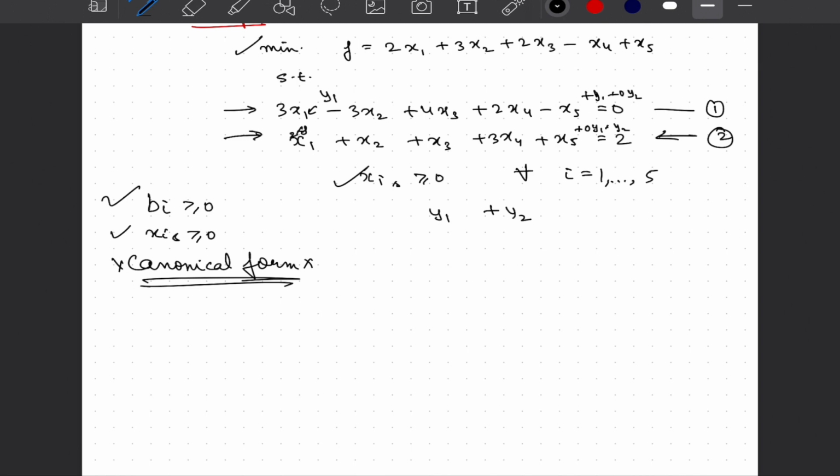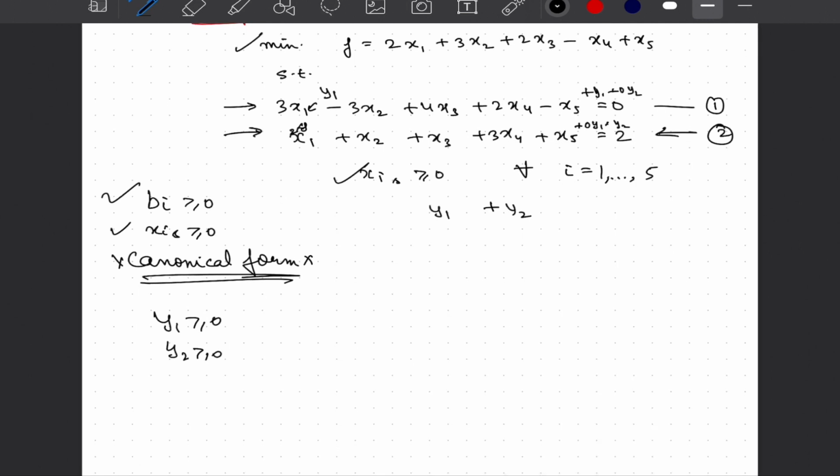Now one thing is that since y1 and y2 also have to be greater than equal to 0, what happens if they are strictly greater than 0? That would mean if we add any positive number to equation 1, this equation 1 would lose the sign of equality, and hence it is violating the condition, because it is stated to us that this equality constraint has always to be followed. So one thing is for sure, that y1 plus y2 have to be equal to 0.